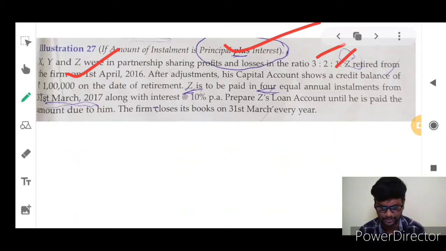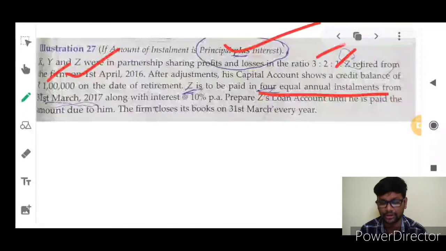After adjustment, his capital account shows a credit balance of rupees 1 lakh. So in this situation, the firm has to give that 1 lakh rupees to the retiring partner, isn't it? Because he is maintaining a credit balance in his capital account. On the date of retirement, Z is to be paid by the firm in 4 equal installments, not on a lump sum basis, from 31st March 2017 onwards, along with interest at 10% per annum.